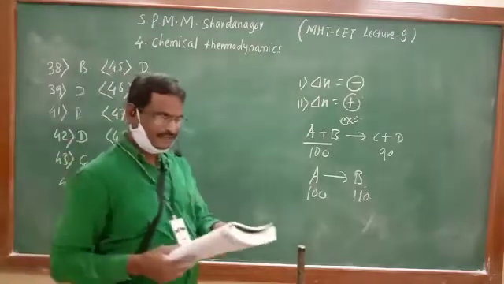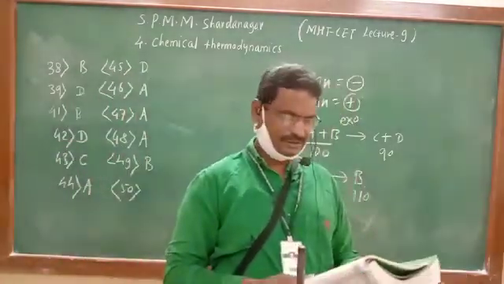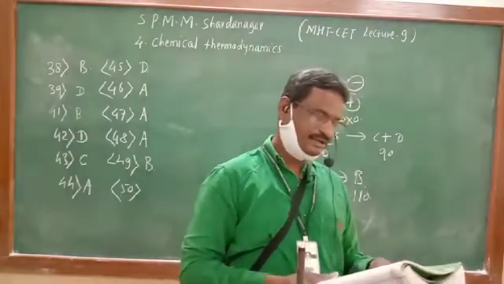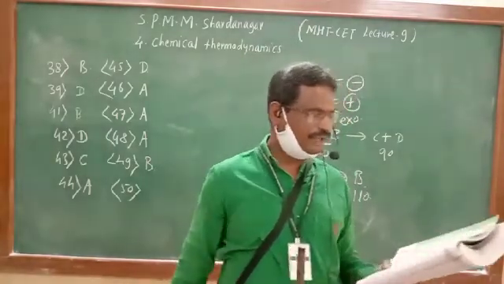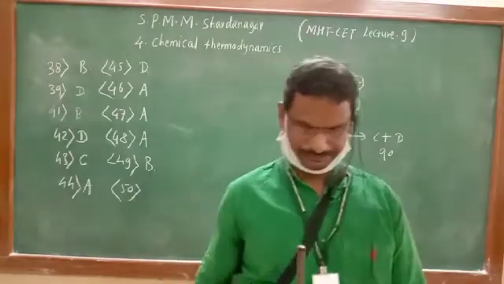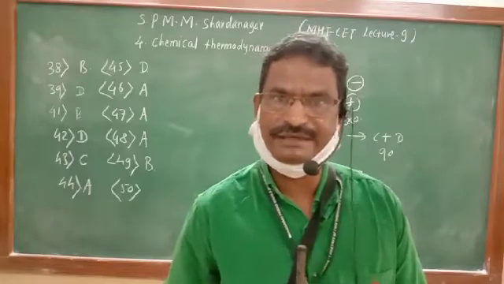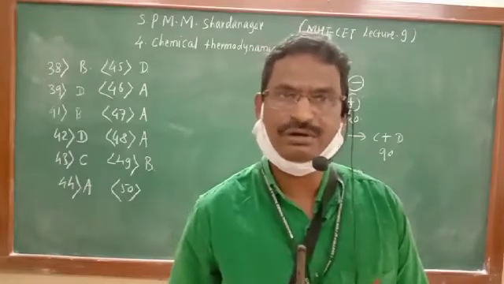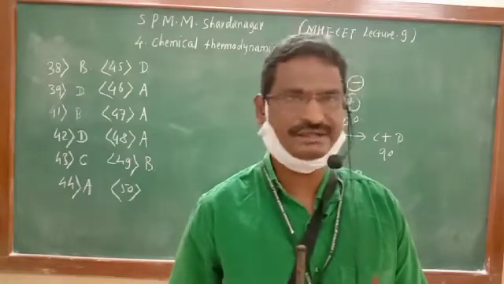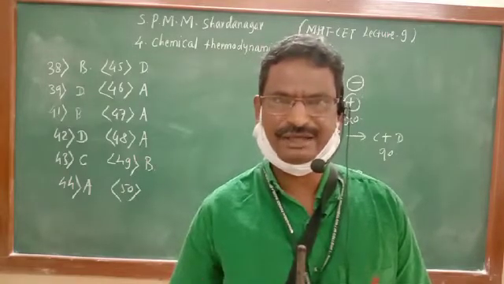Question number 50. The enthalpy change when 1 gram equivalent of acid is exactly neutralized by 1 gram equivalent of base in dilute aqueous solution is known as, what is the name of the reaction? Acid reacts with base giving salt and water, a neutralization reaction. And what is the change in enthalpy?